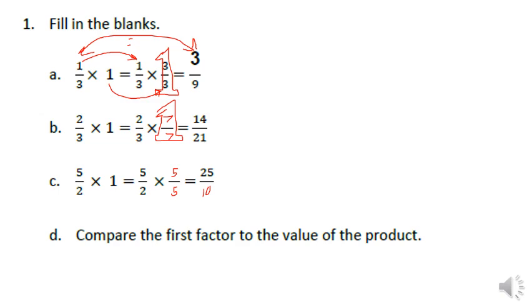Now it says compare the first factor to the value of the product. Okay, so what they're saying here is up here on A, we can say 1/3 compared to 3/9. So 1/3 compared to 3/9, they're going to be equal to each other.